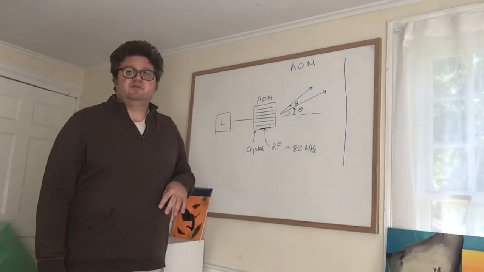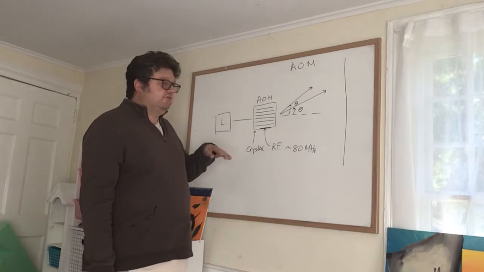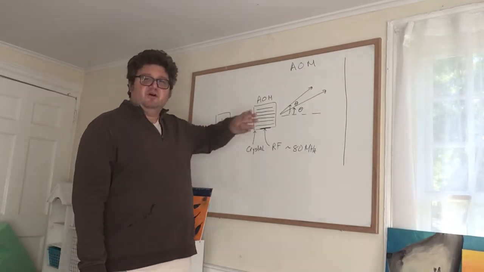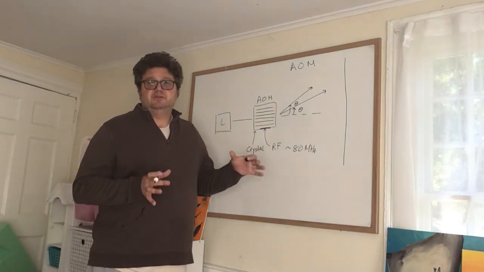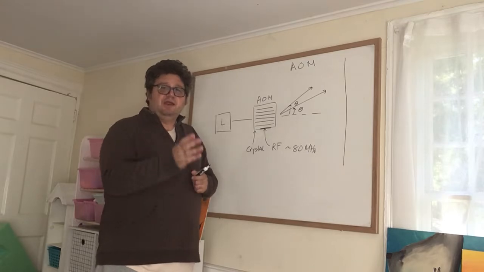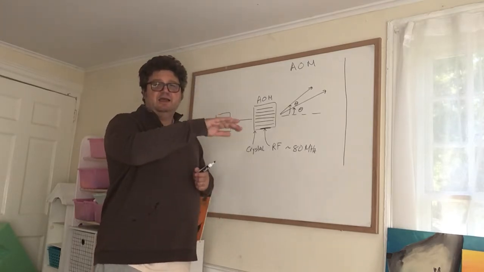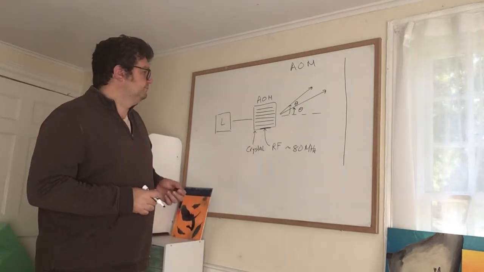So what we really see in the crystal now is the standing wave oscillation of the sound in the crystal. So this is like a grating of high and low densities inside the crystal.